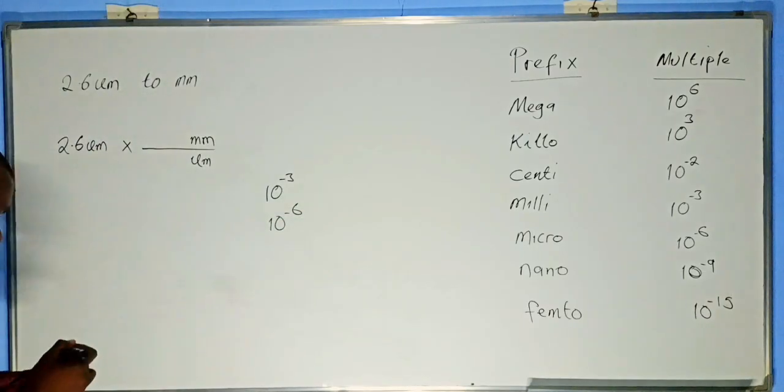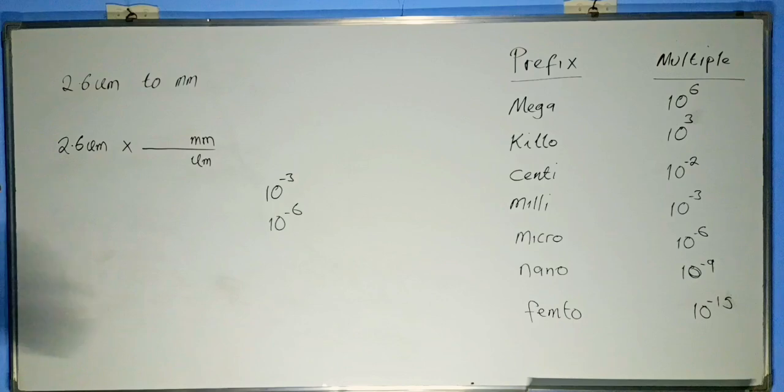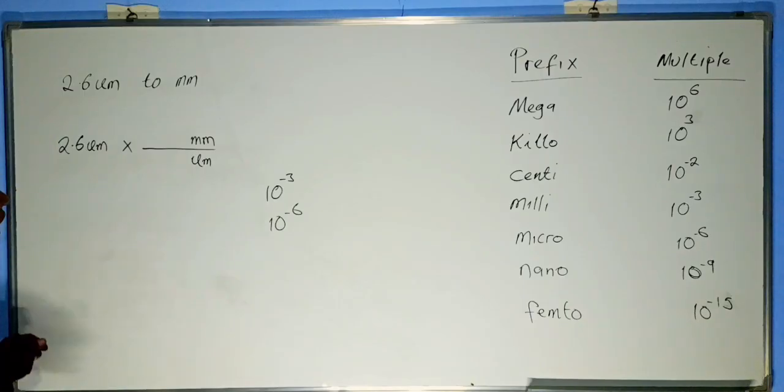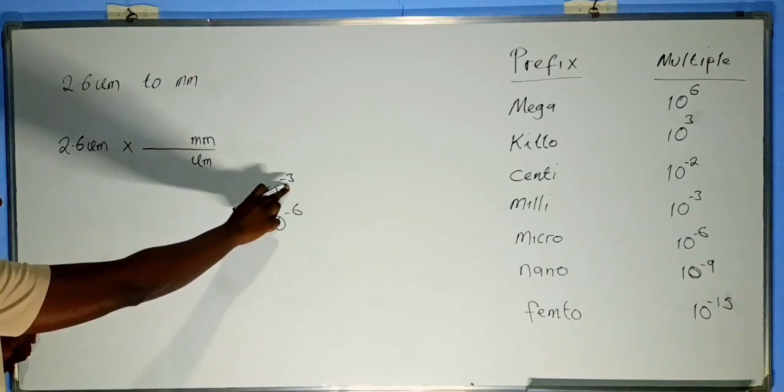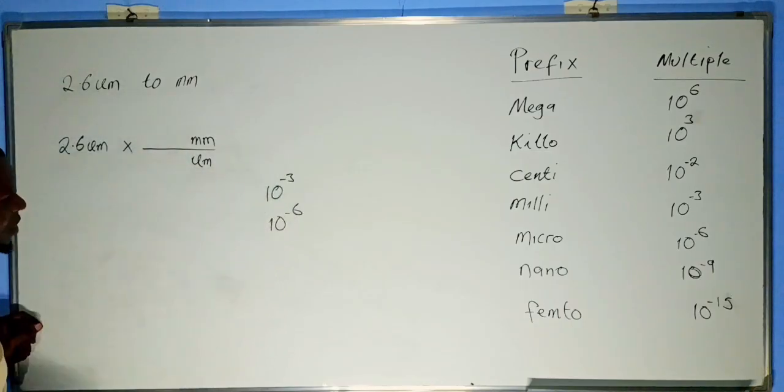You can check it there, but you need to know this in your head, because mostly they won't give you this in an exam. If you are asked to convert, you need to know them. So we have 10 to the minus 3 and 10 to the minus 6.